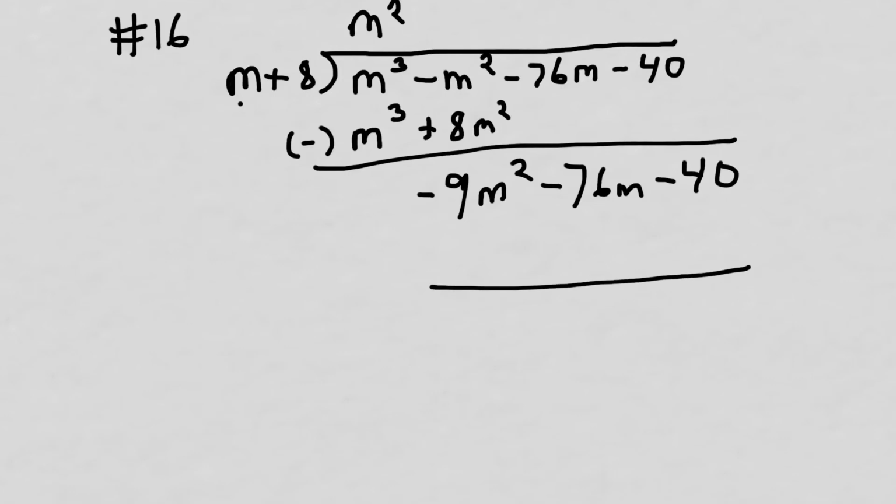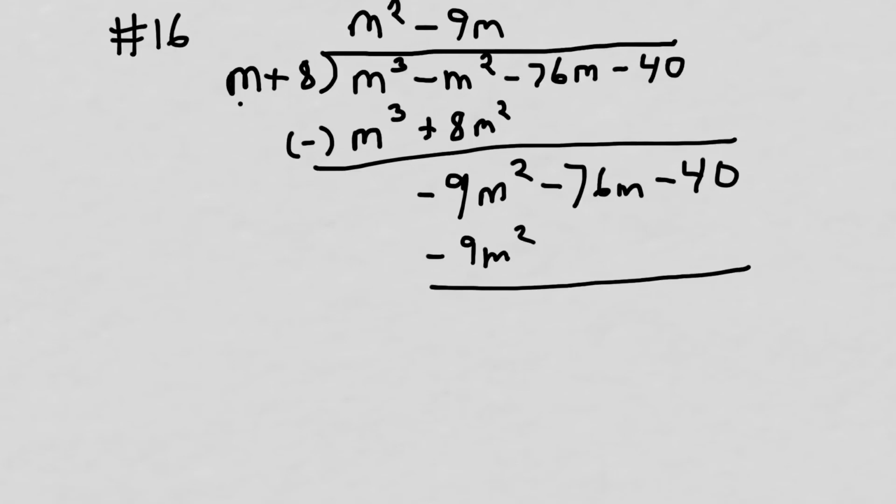All right, setting up the pivot again. What do I have to multiply m by to get negative 9m squared? The answer is negative 9m. All right. So if I multiply negative 9m times m, I get minus 9m squared.